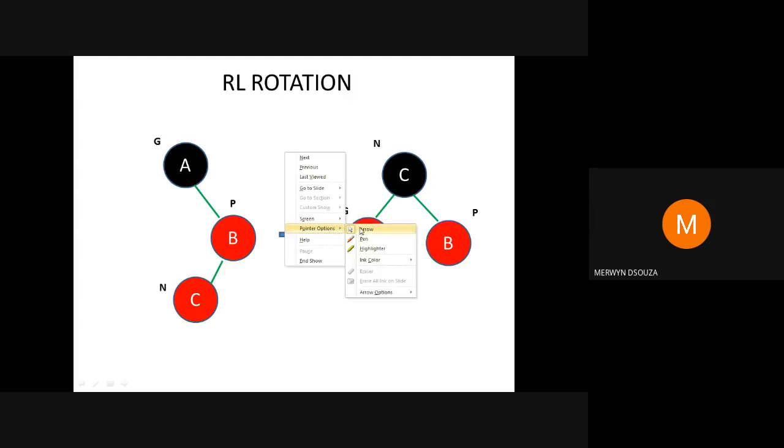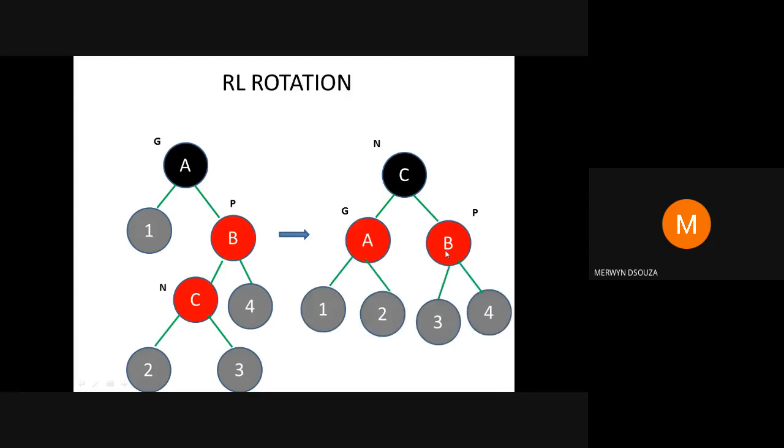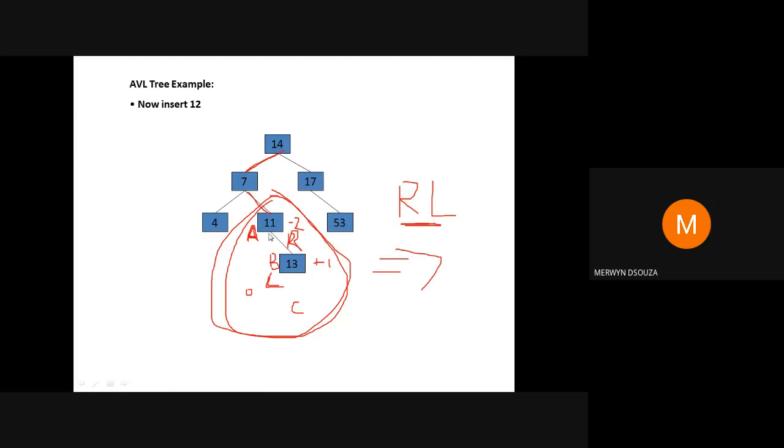When you are doing the rotation, basically what you are doing is the lesser value comes on the left side of C and the greater value goes on the right side of C. So you will have C as the root, A will be the left and B will be the right. So you draw one arrow like this, write here RL rotation, and then apply rotation to these three nodes.